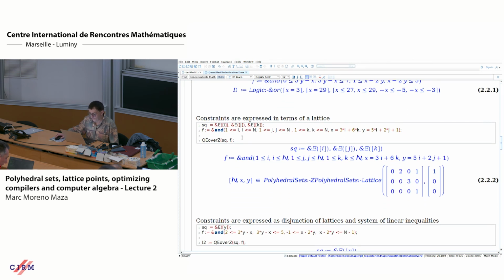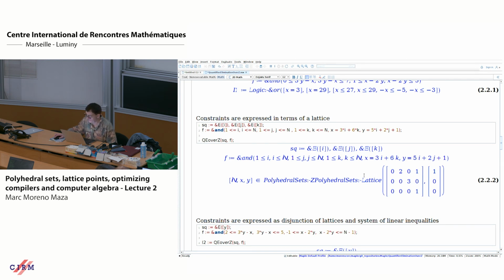Okay, things get a little bit less trivial because we have there exists i, j, k, and a free variable n, I think. Maybe there are other variables. Oh yes, there is x and y. Here this is an interesting case where the solution is just of the form (x, y) belongs to this lattice.